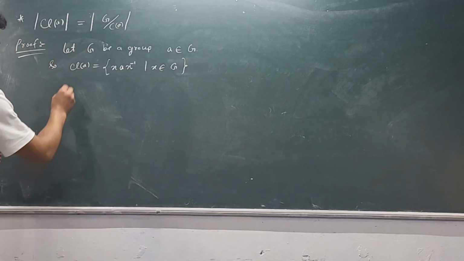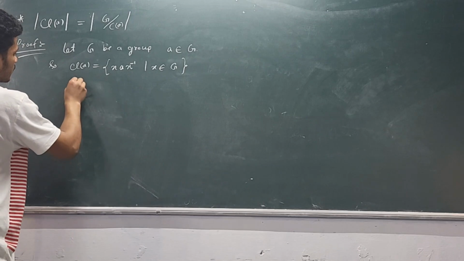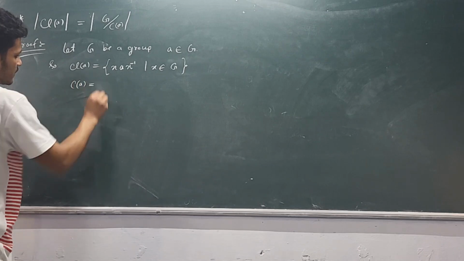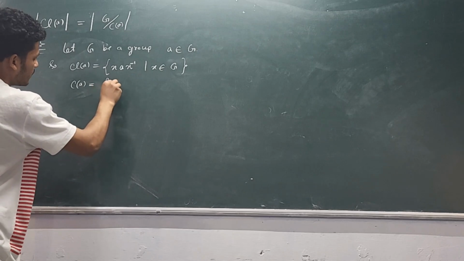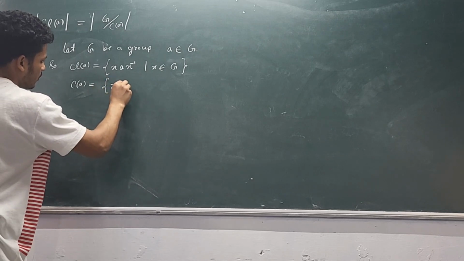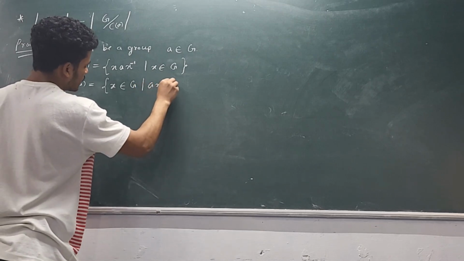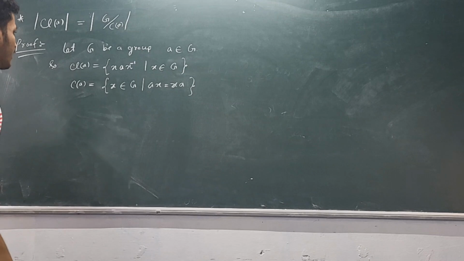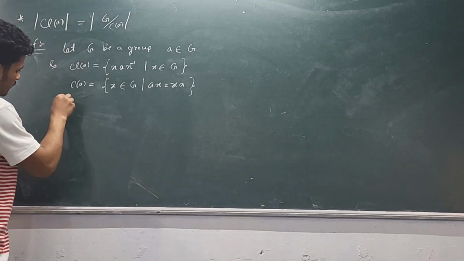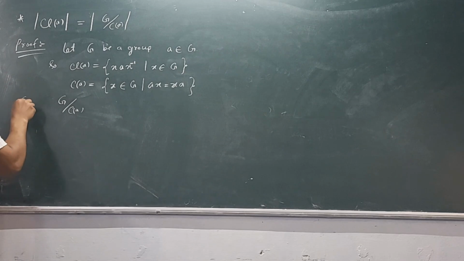And what is G by CA? CA means the centralizer of A. This is the collection of all elements X belonging to G such that AX is equal to XA, the collection of all elements which commute with A. G by CA is sometimes written as G/CA.